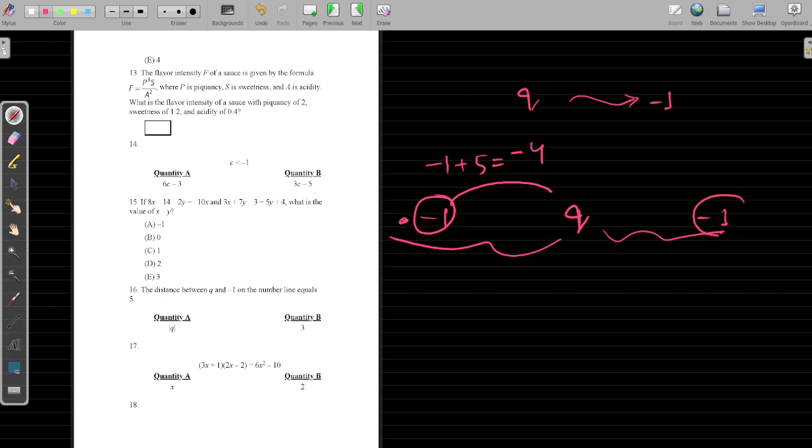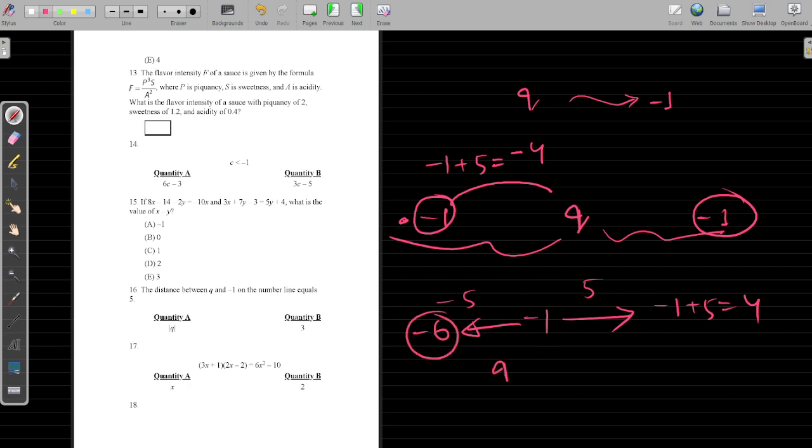Similarly, if this one is on the right side, then minus 1 plus 5 means 4. If this one is to the left side, then this will be minus 5, so minus 6. So modulus of q means it will be sometimes 6, sometimes 4. So they are not equal.